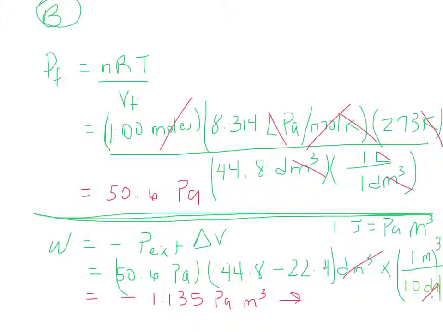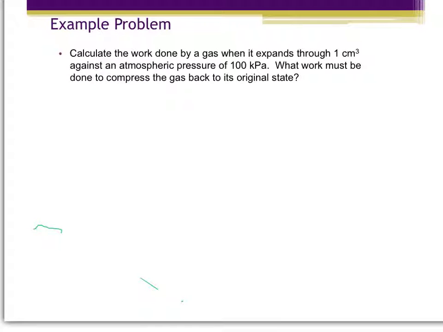Same thing as saying 1.135 joules. The last thing that we've got to do is part C, which is to calculate work in a free expansion. By the very definition of a free expansion process, the value of work is simply 0.